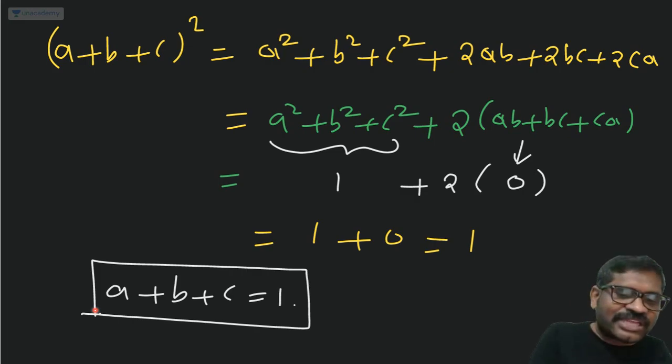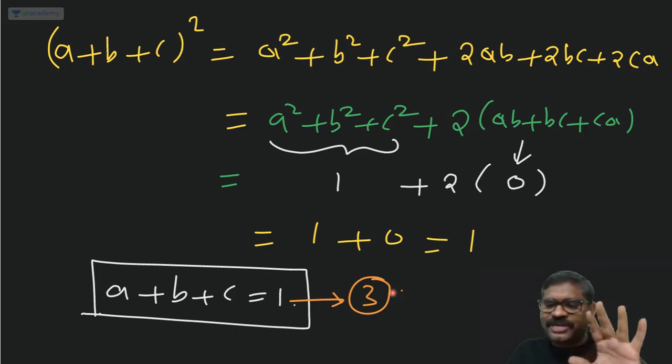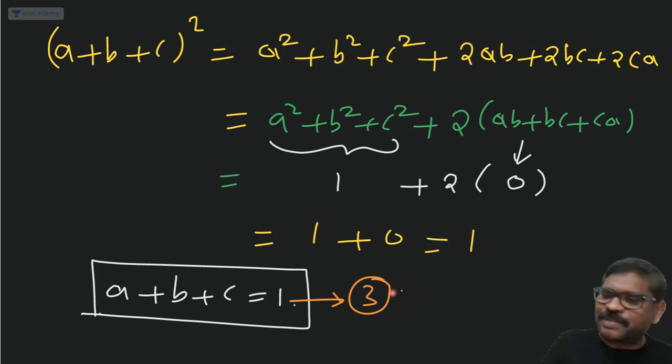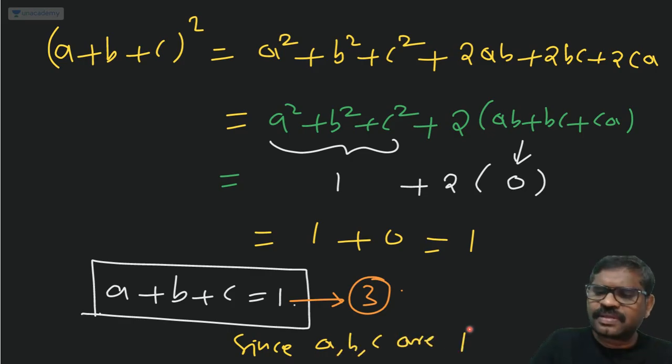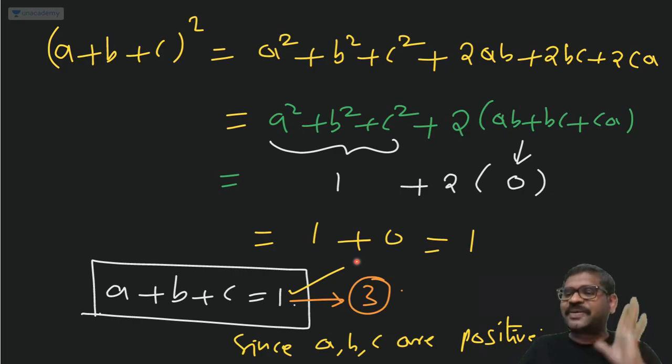Call it equation 3. Problem is not completed. Only 50% of the problem is completed. We got one conclusion, that is a plus b plus c equal to 1. Since a, b, c are positive, I have not considered minus 1. It is not my assumption. It is given in the data.